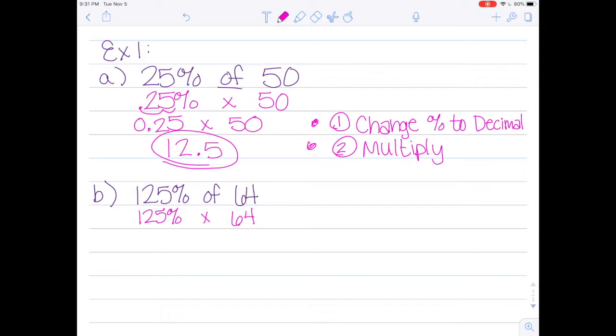Step 1, we need to change this percent to a decimal, so we're going to move 2 to the left. 1.25 times 64, and we get 80. And there's our answer. Okay, that is if you want to find a percent using a decimal.